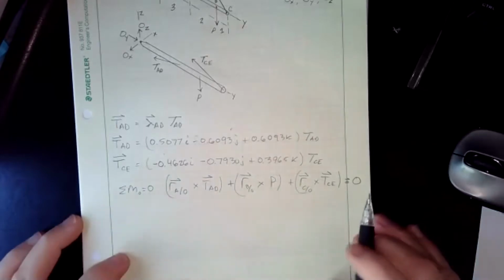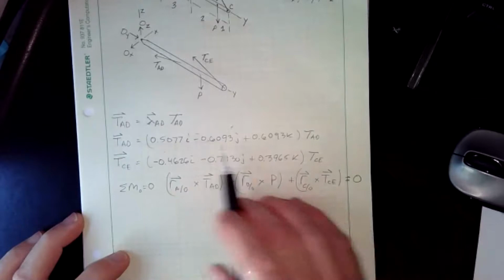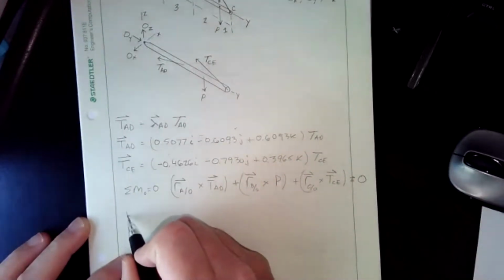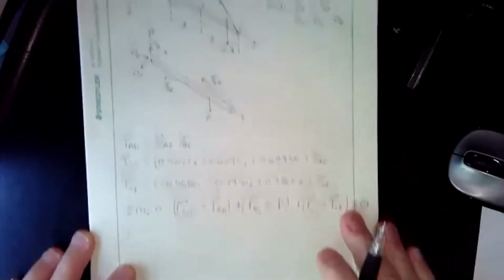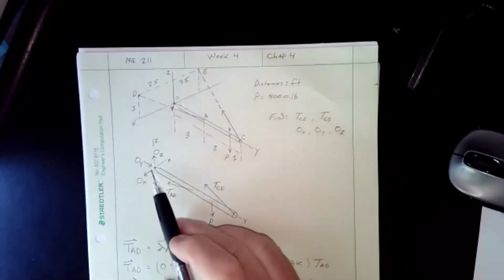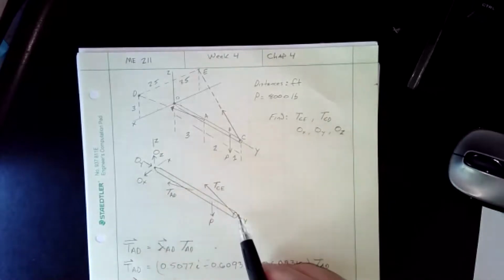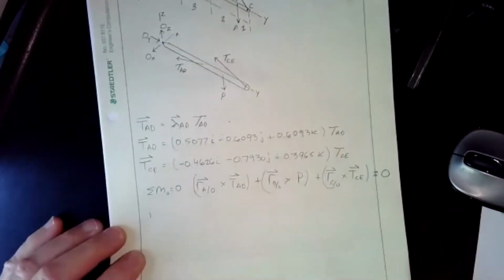So if we're going to do this, we have that equation, we have these, and then of course we're going to need our R vectors. In this case, our R vectors are easy because we're just going from here out to this point, here to that point, and here out to this point. So they're just in a single dimension.